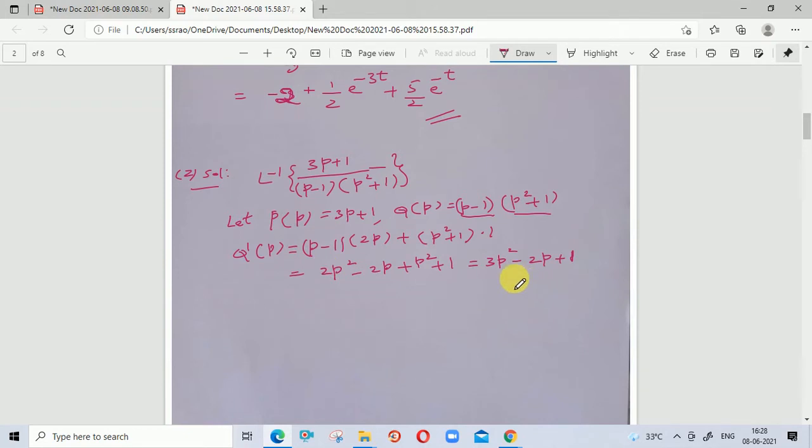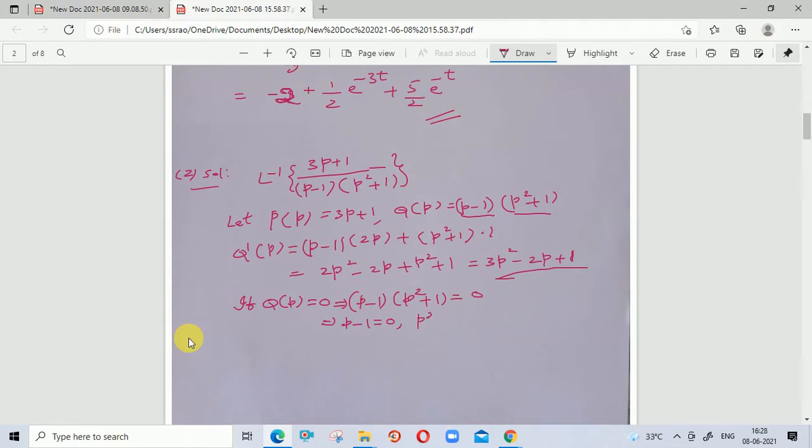If Q of p is equal to 0, then p minus 1 into p square plus 1 is equal to 0. That implies p minus 1 is 0 or p square plus 1 is 0.